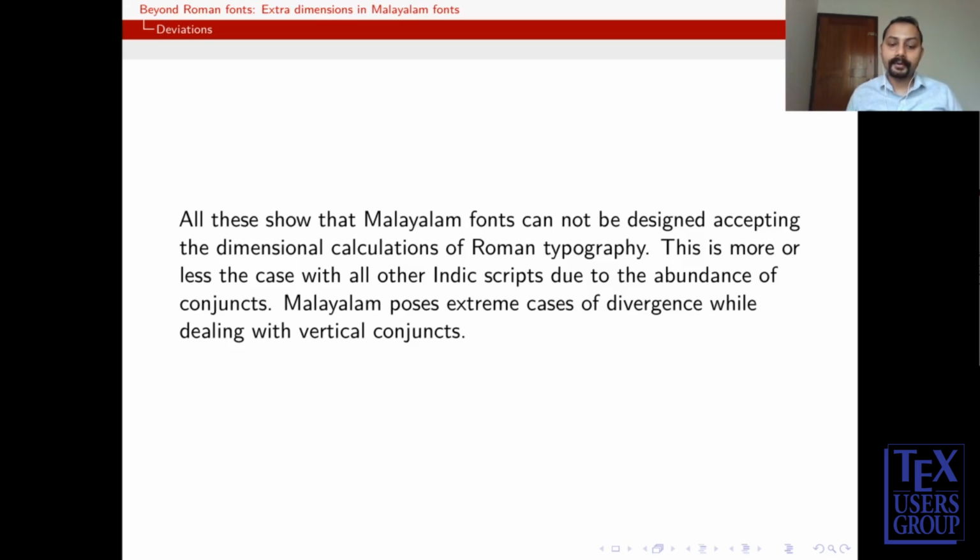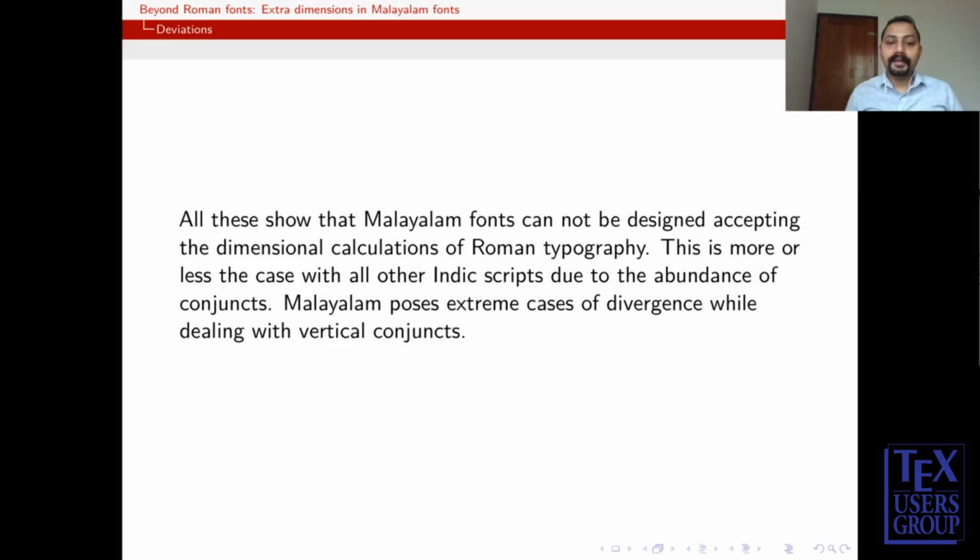The developer of the font, in a discussion, has mentioned that to accommodate that font to Latin type metrics, he had to do violence to the script to match the Latin font dimensions.